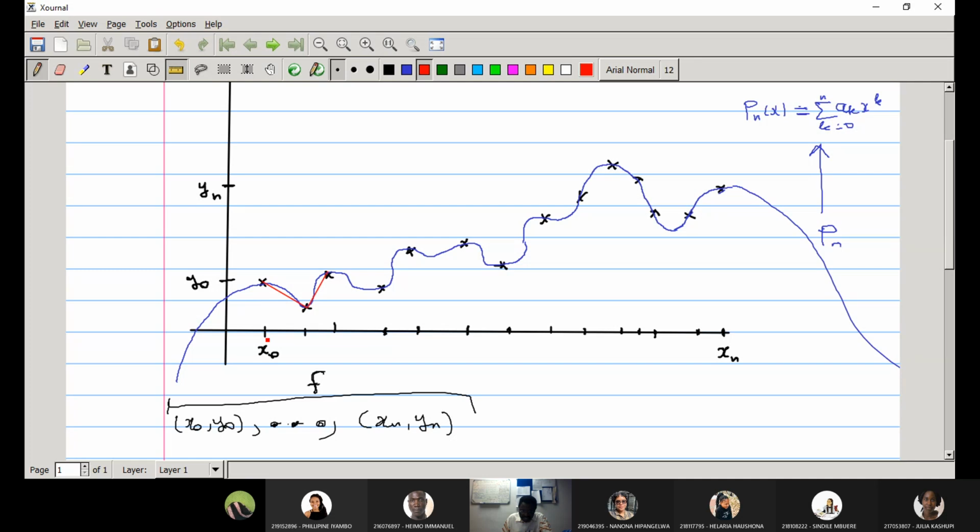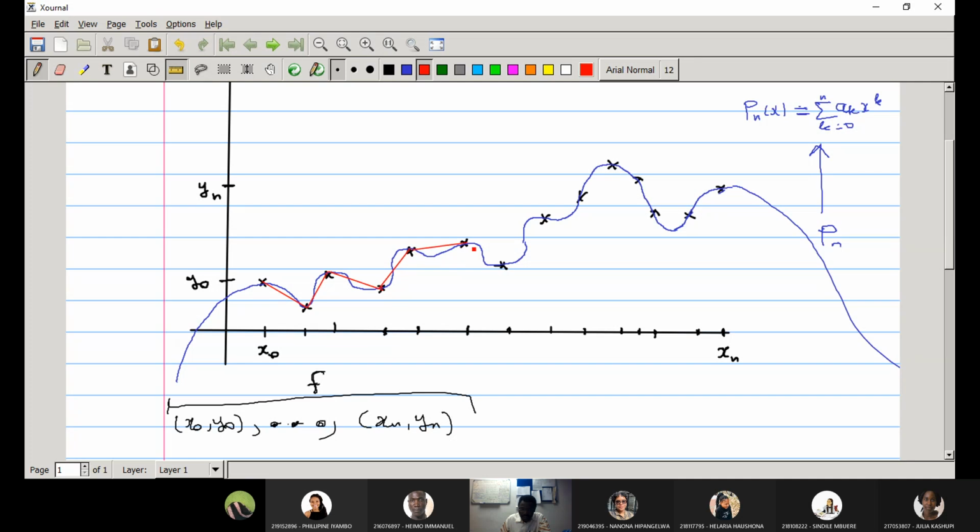Because I have a single polynomial in this interval, I have another single polynomial in the second interval, and so forth. So in each subinterval, I have a different expression of the polynomial. Whereas with Pn here, interpolating polynomial, I have a single expression for the entire interval. So that's the difference, and you need to understand that very well.